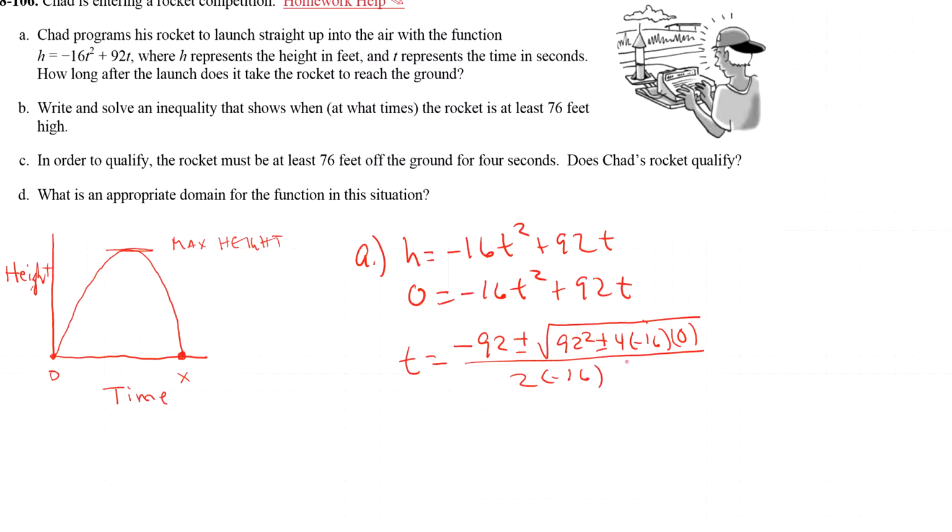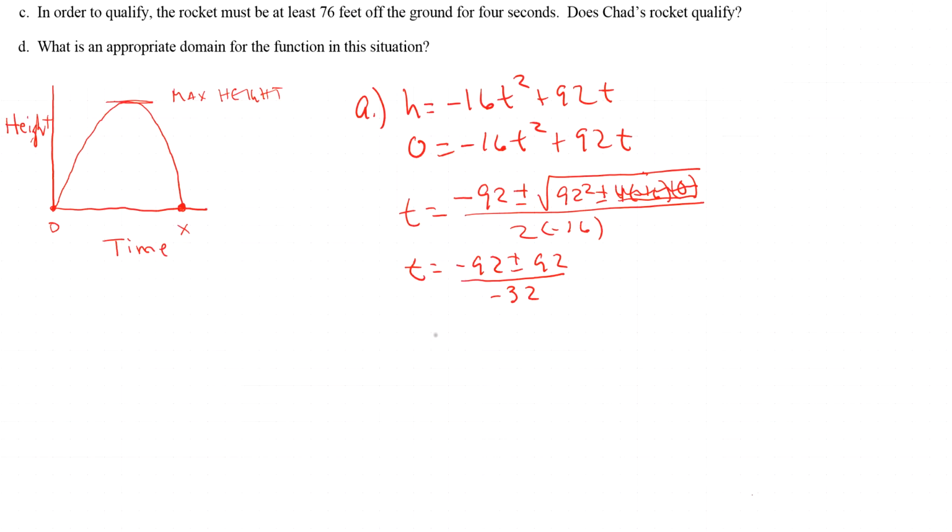Alright, so we know that this part here is going to cancel out because anything times 0 is 0. So then we're going to get t equals negative 92 plus or minus the square root of 92 squared, which is going to be 92, divided by negative 32. And so our math will be t equals negative 92 plus 92 divided by negative 32.